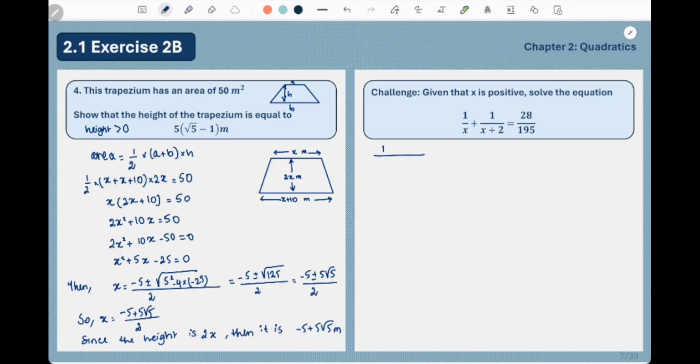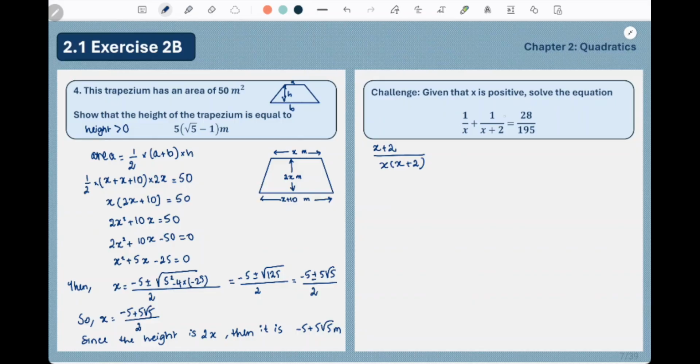Okay, so if I were to add this together, there's going to be x plus 2, right? And then in order to get x times x plus 2 for this one, I must multiply both top and bottom by x plus 2, right? So on this side I will have x plus 2.